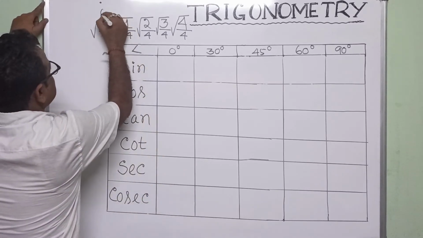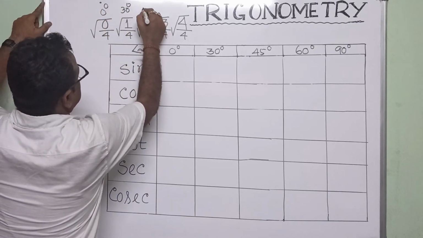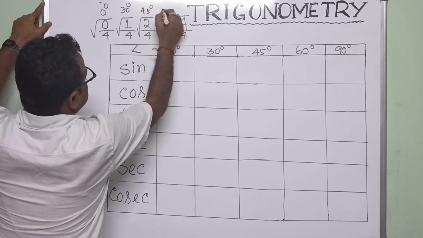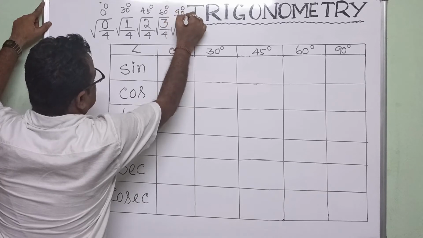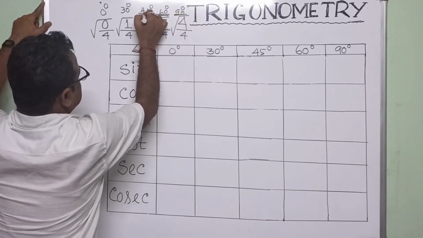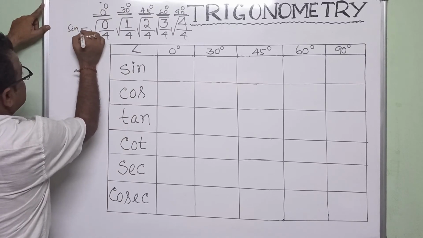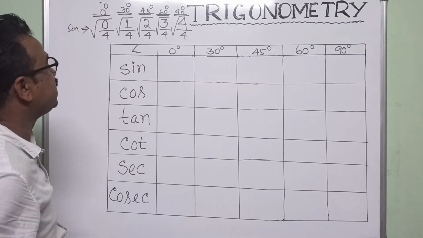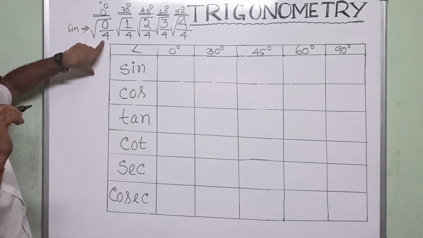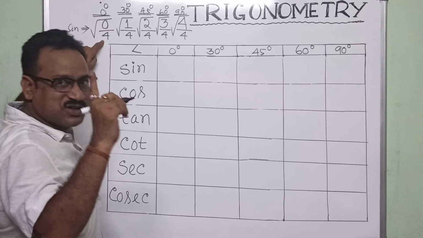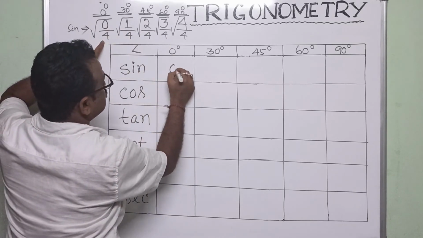Now see, this is for 0 degree, 30 degree, 45 degree, 60 degree and 90 degree, and this row is for sine. Sine 0 degree: 0 by something is 0, so the root is 0.